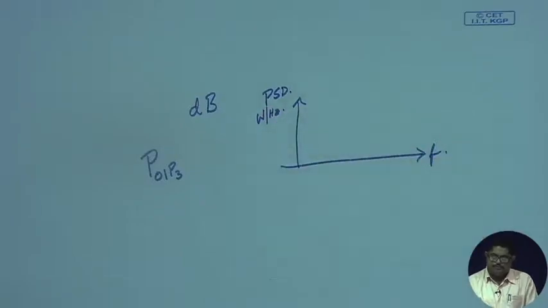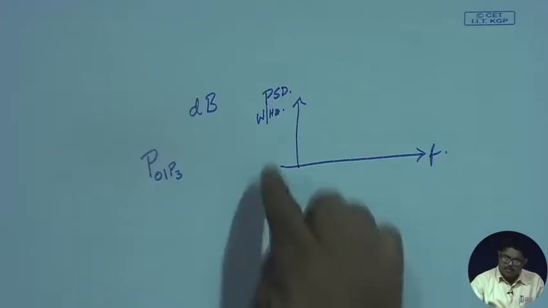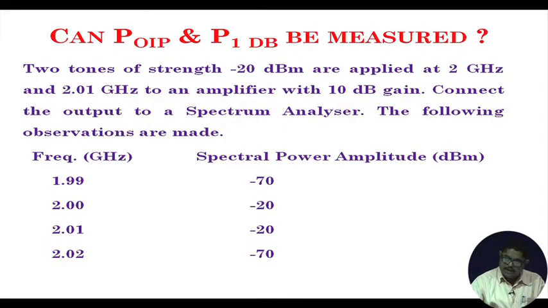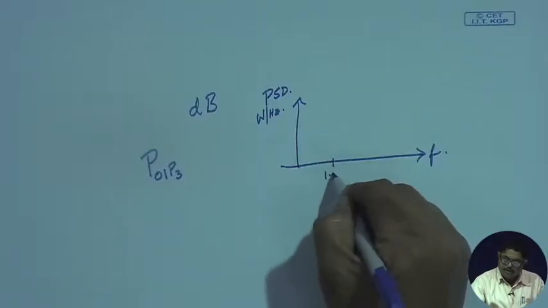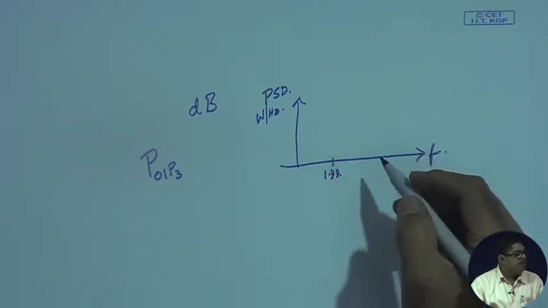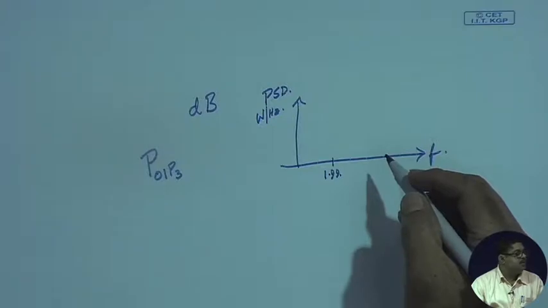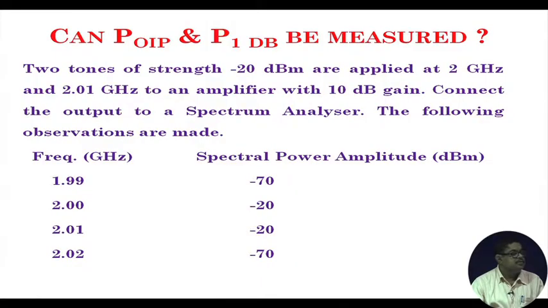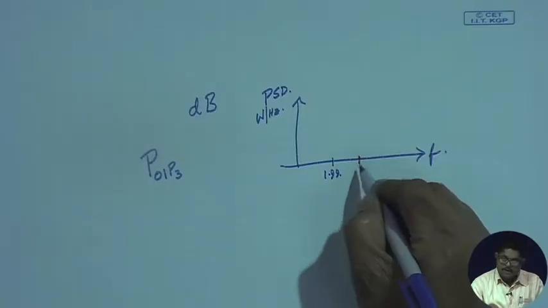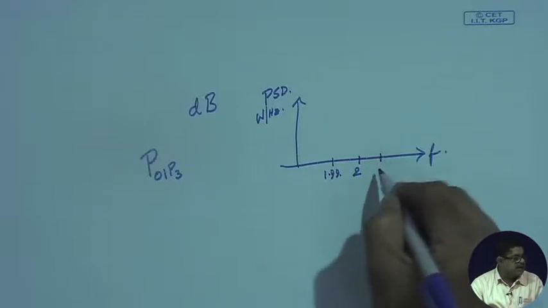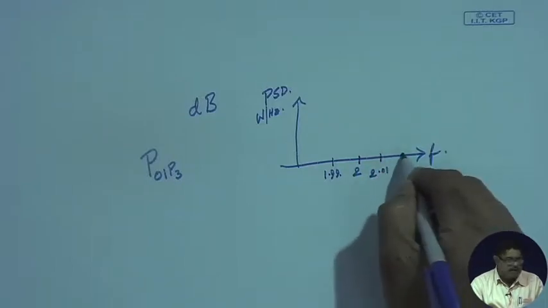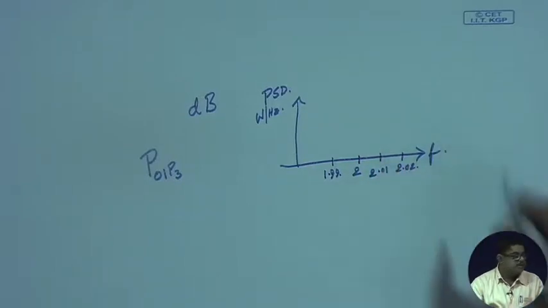Now you measure what is there: you will see there is a component at 1.99, because 2 minus 0.01, that is 1.99; there is another at 2, another at 2.01, and another at 2.02.